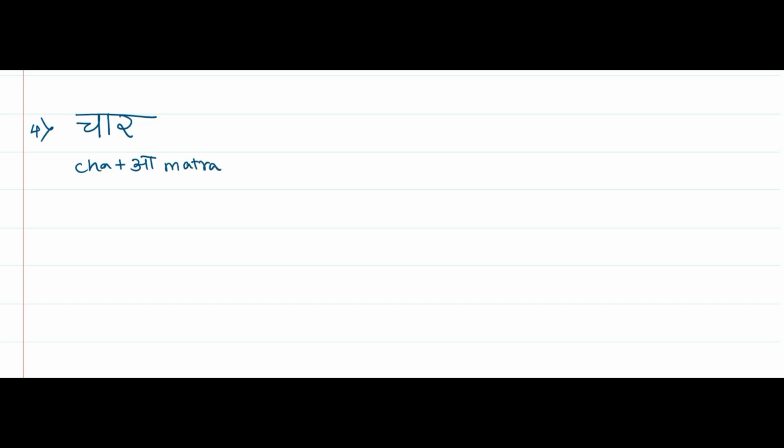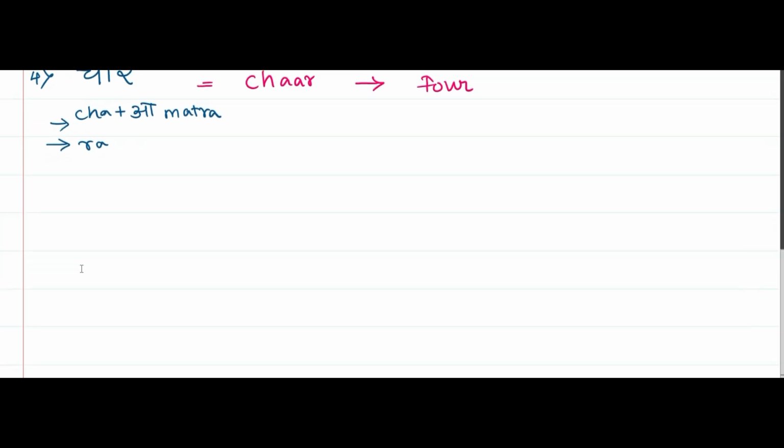And this one is r. So it will become cha r, char. And r is little rolling. Char. So char is nothing but 4. Okay, let's go to the next one.